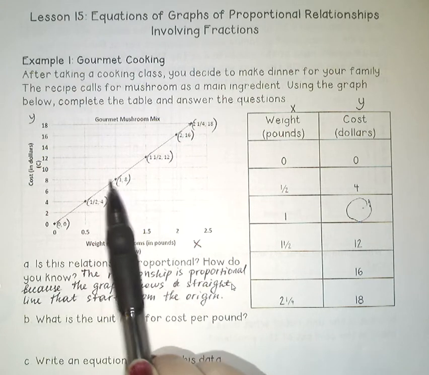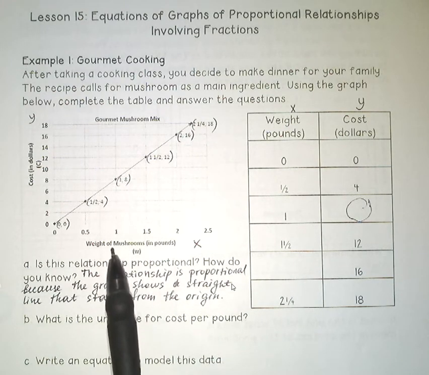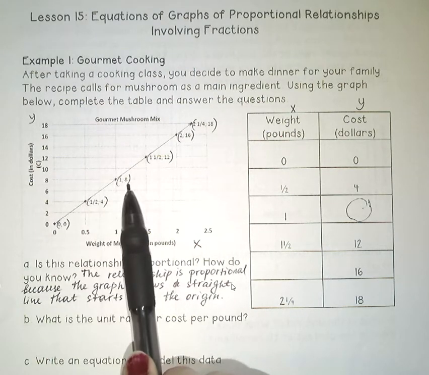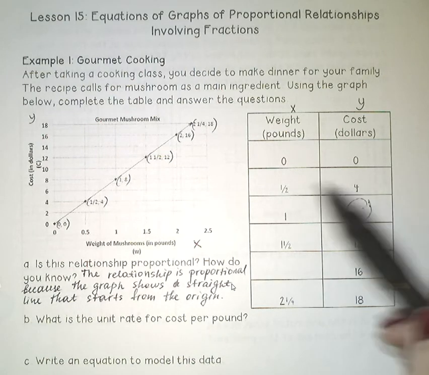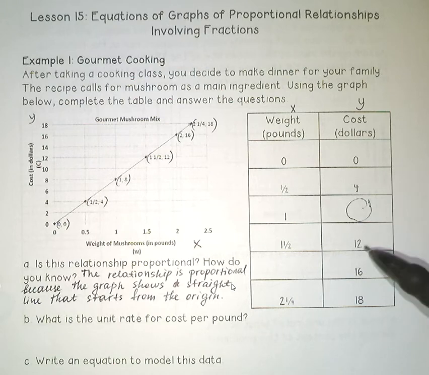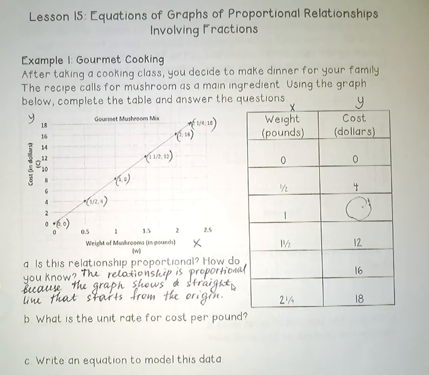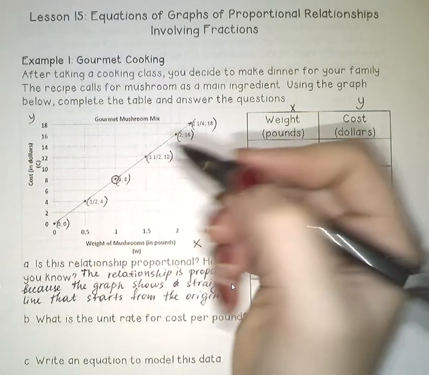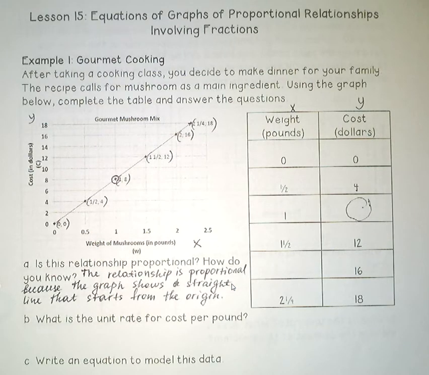On x, I have 1, and that's the pound. And on the cost, I have 8, and that's the number of dollars. So I can say, without dividing 4 by 1 and 1/2 or 12 by 1 and 1/2, that I already have that, and it's right here, 8.